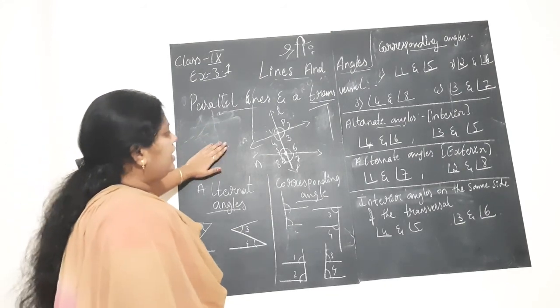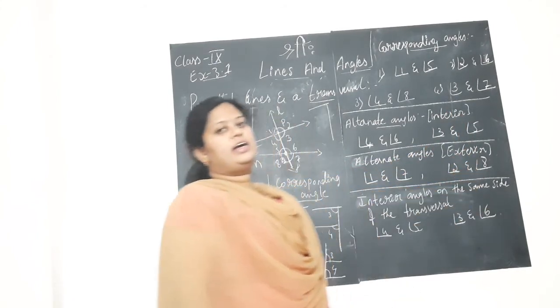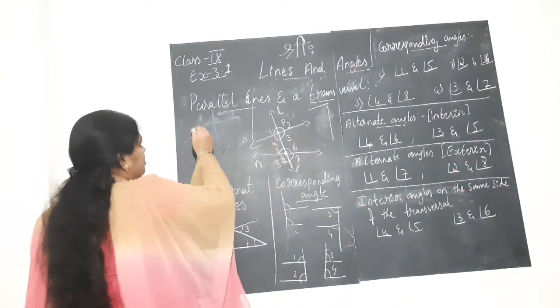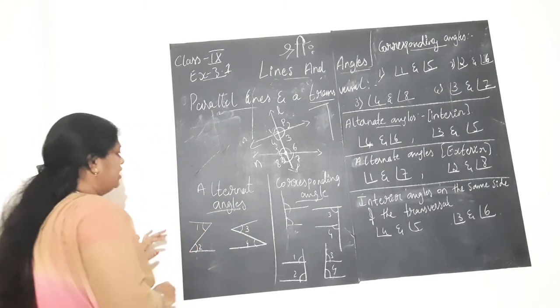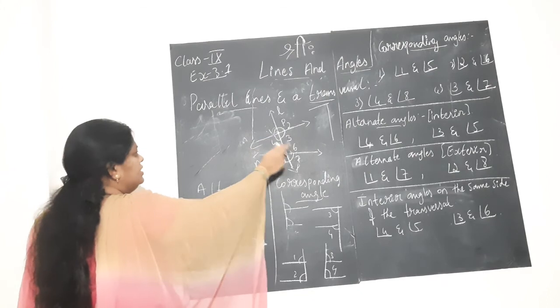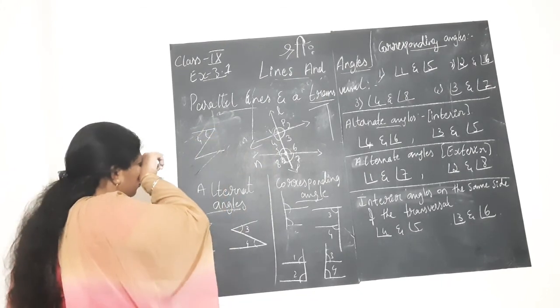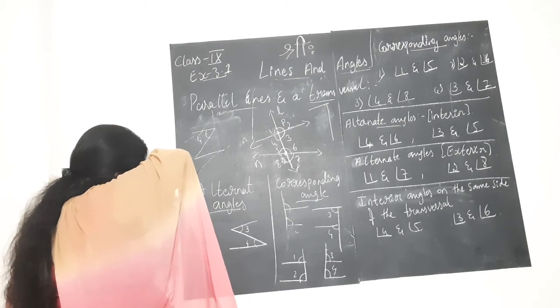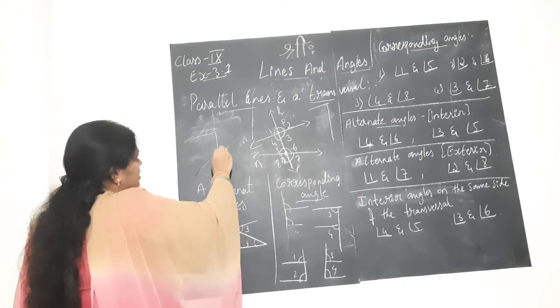Next, alternate angles: interior alternate angles and exterior alternate angles you have. How do you identify? As I said, Z-shaped angles are alternate angles. Angle 4 and angle 6. If I draw this Z, here is angle 4. Like this and like this.